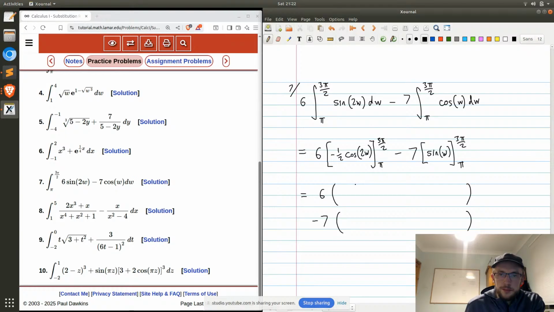Okay, so 2 times 3 pi over 2 is 3 pi. And what is cosine of 3 pi?